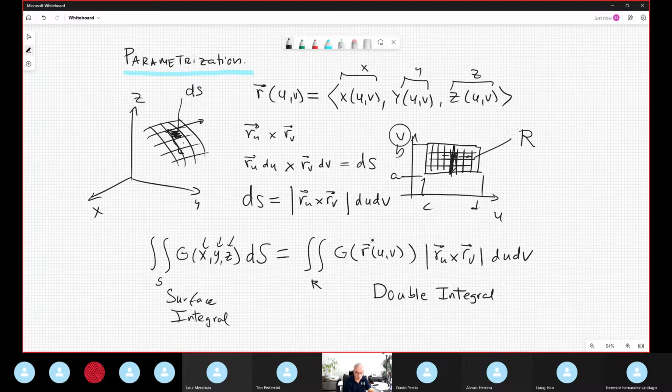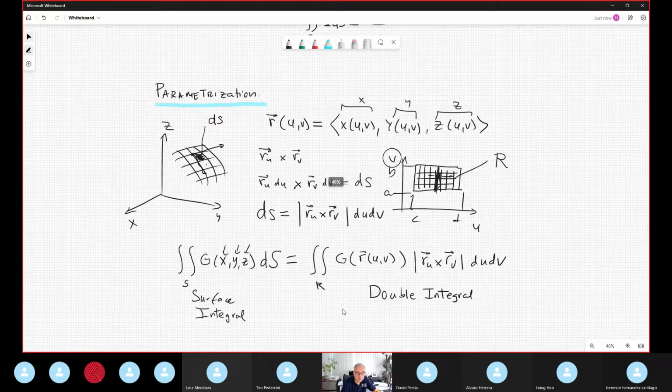So finally, exactly the same happened in the line integral. When you compute the line integral, you end up in a single integral like Calc 1 with the parametrization, and the surface integral is exactly the same idea. You parametrize the surface and you apply this formula.